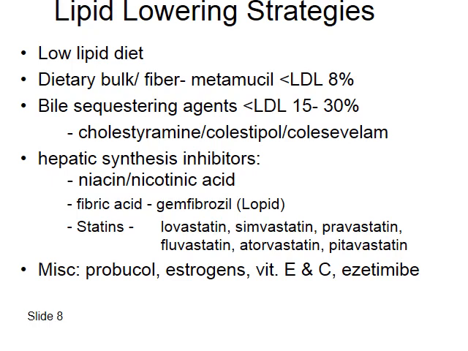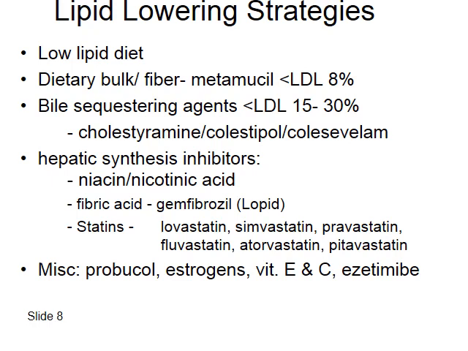There are other ways to lower lipids, so dietary bulk, such as fiber. People who regularly take Metamucil for constipation, they tend to have lower LDL levels by about 8% lower than what would otherwise be. Bile sequestering agents can lower LDL up to 30% and include drugs like cholestyramine and colesevelam.